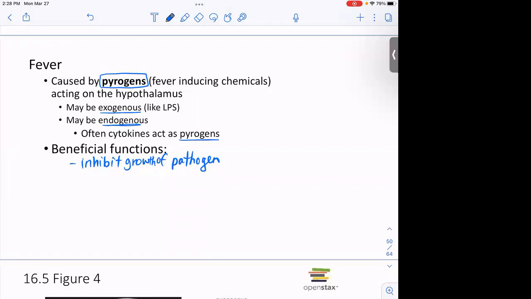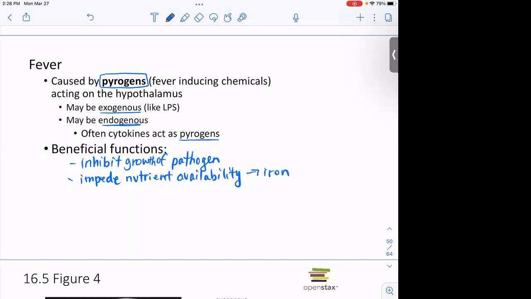Okay, so maybe it inhibits growth of the pathogen a little bit, and maybe it impedes nutrient availability. When we have a little bit of a fever, that's a signal to our cells to sequester certain nutrients that pathogens might need, especially iron.